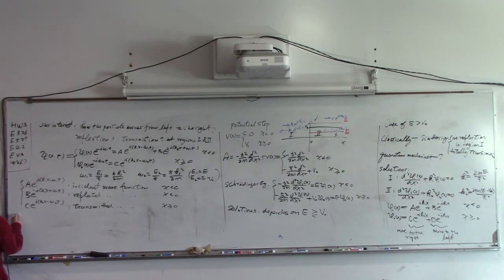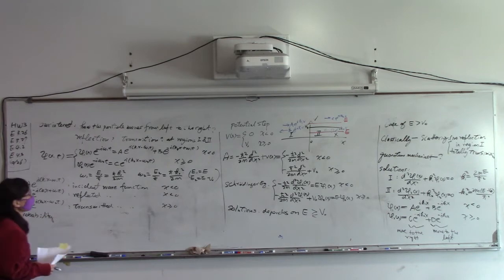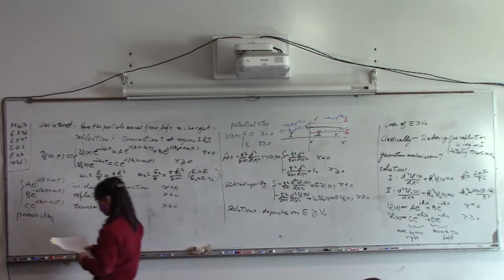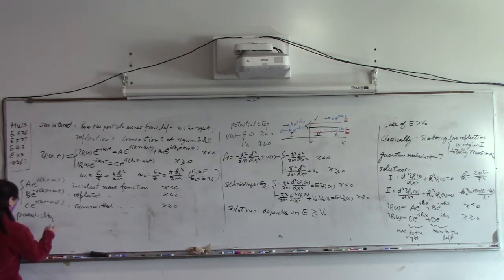So what is the probability of finding the particle in region 1, in region 2? The probability is psi(x,t) squared, which depends on time and also on position, so we just take the square. Because we have two regions, we also have two parts.